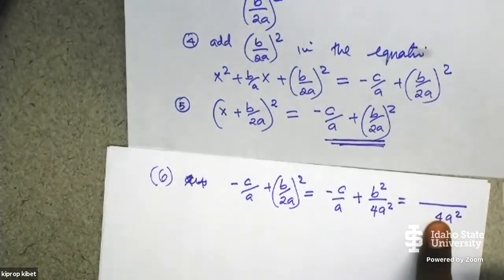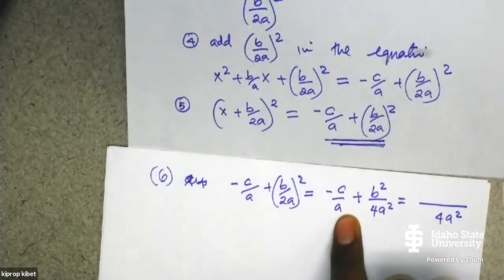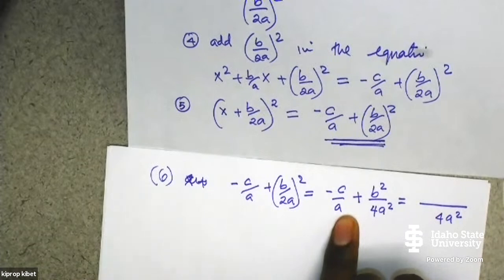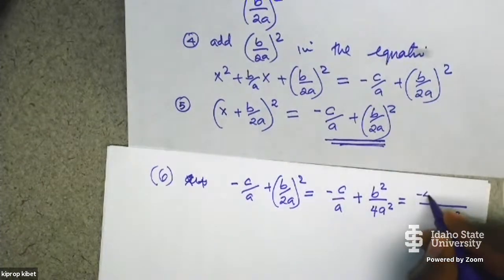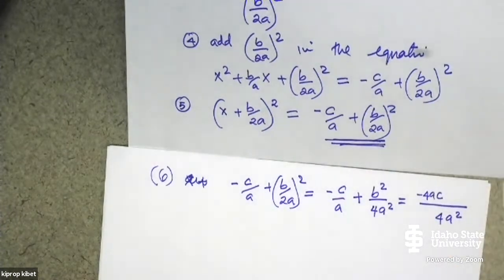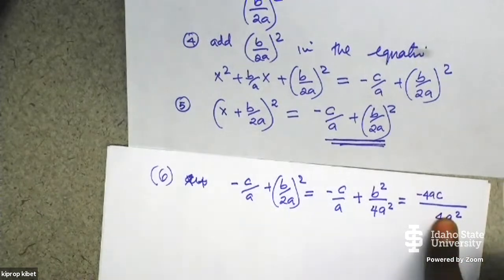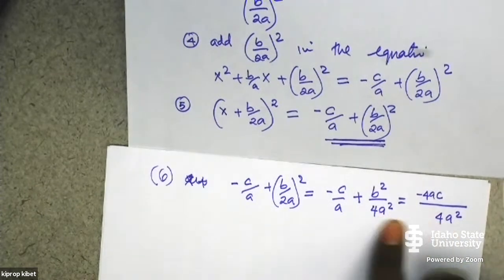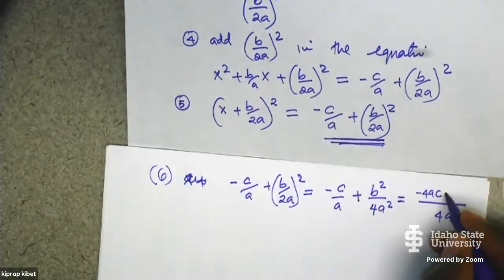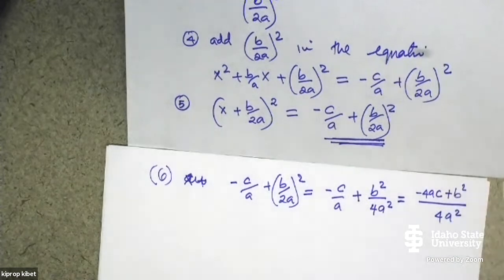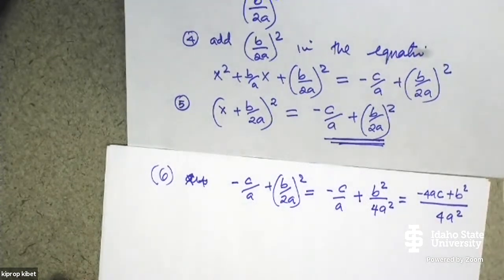So 4a squared divided by a gives you 4a. 4a multiplied by minus c gives you minus 4ac. 4a squared divided by 4a squared is 1, and 1 multiplied by b squared is b squared.